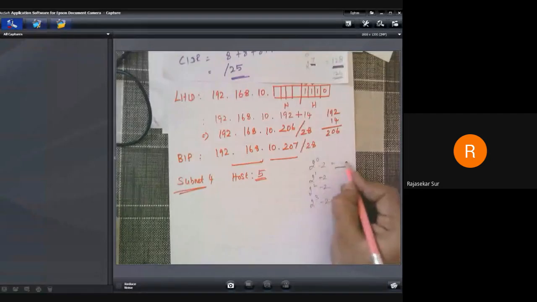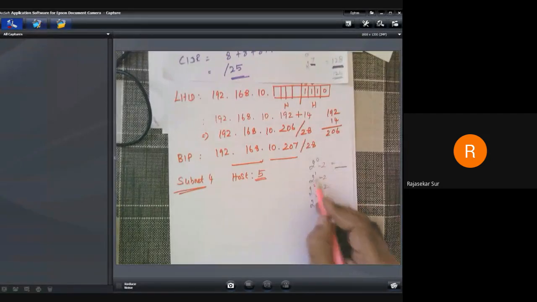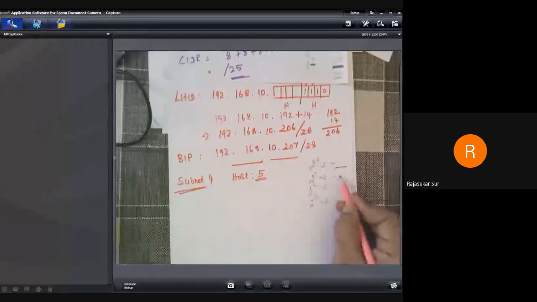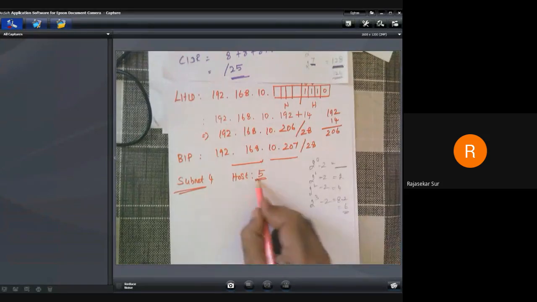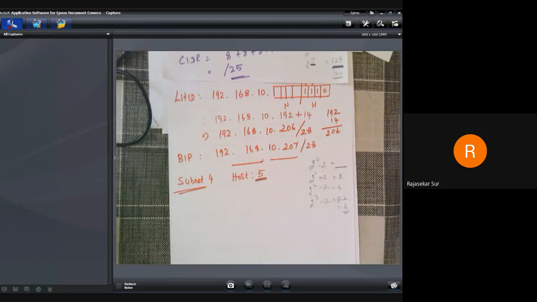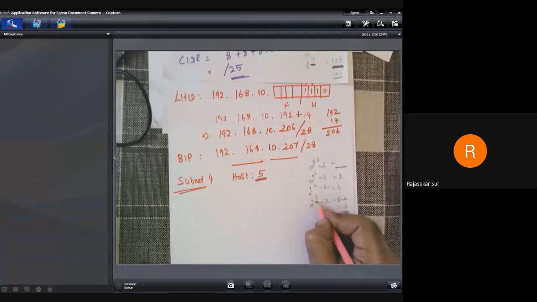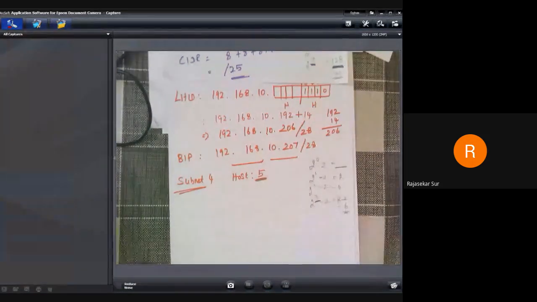It will come in negative. 2 to the power of 1 equals 2. 2 to the power of 2 equals 4. 2 to the power of 3 equals 8. So 8 minus 2 equals 6. We need only 5, so 6 is enough. So 3 bits are enough in the host.